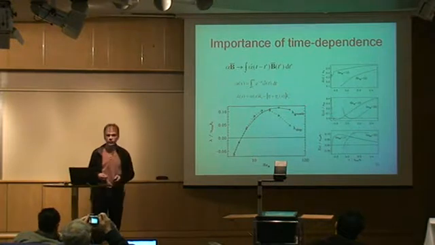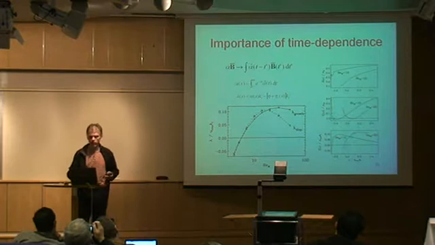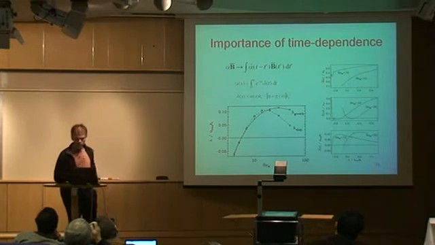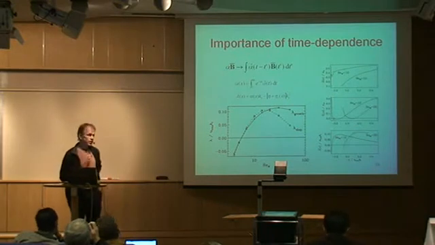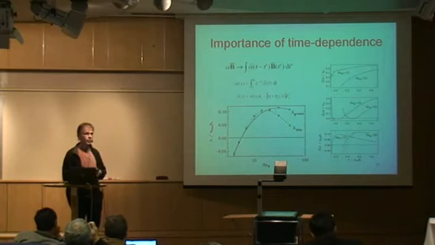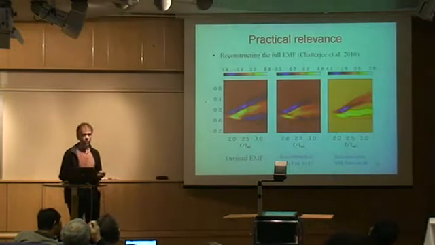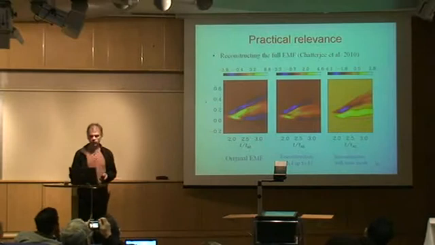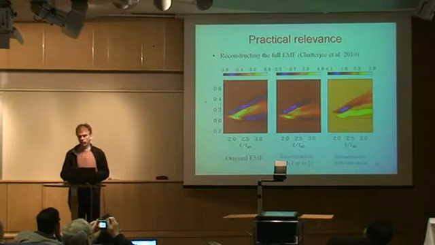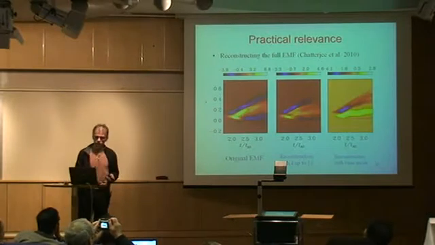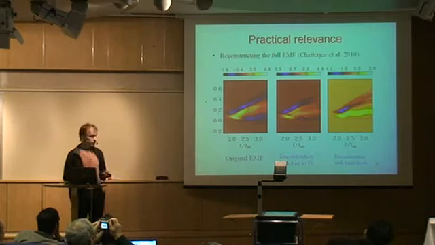So you see the test field method is not only accurate, but it even forces you to abandon the simple assumption that the alpha kernel is really just a delta function.